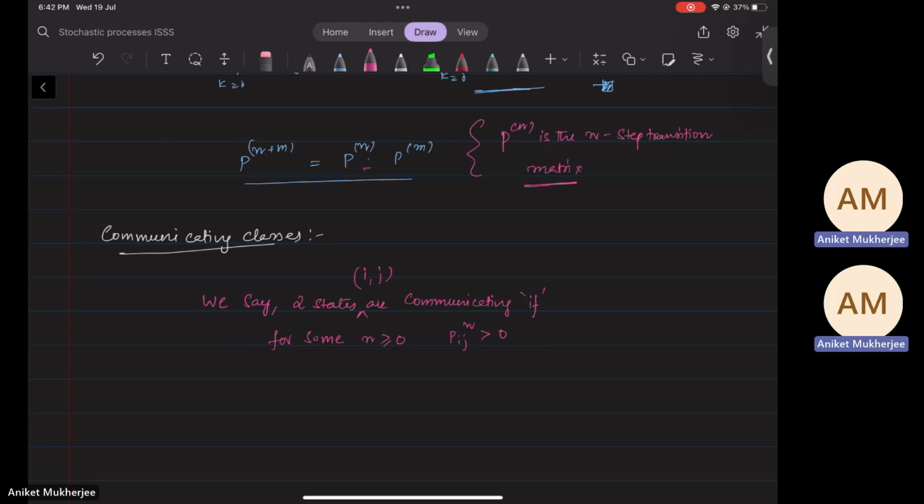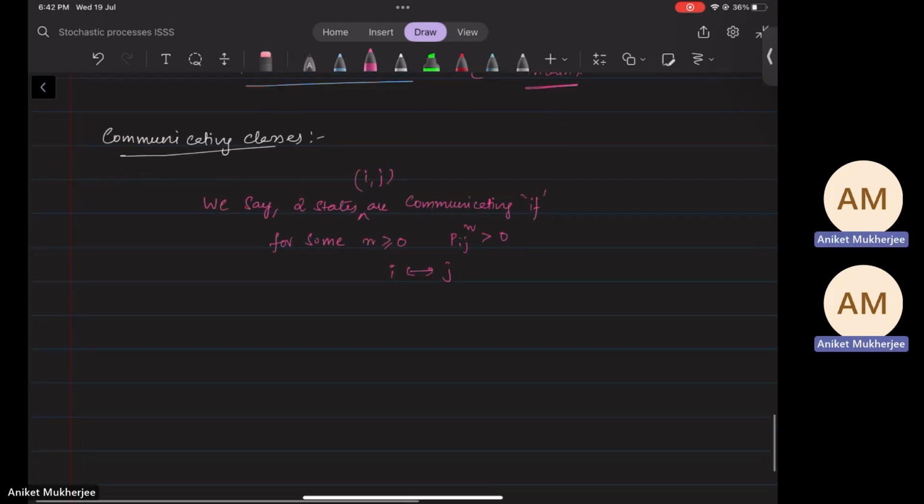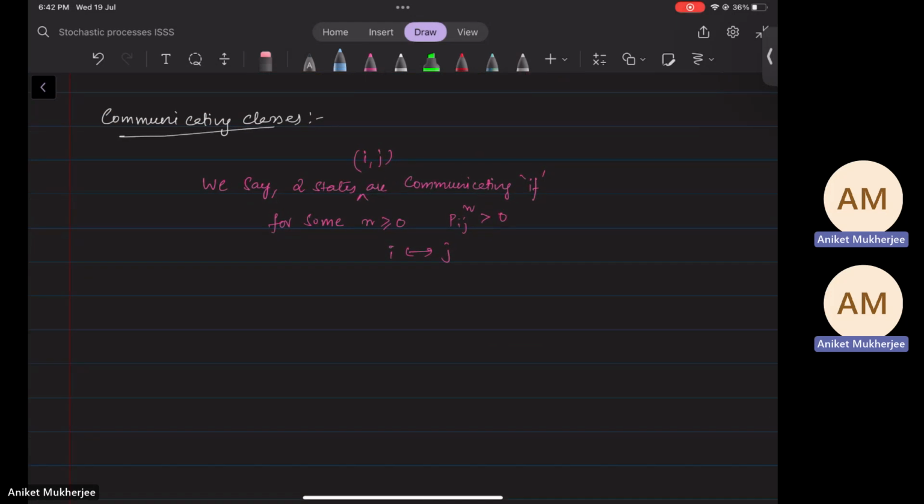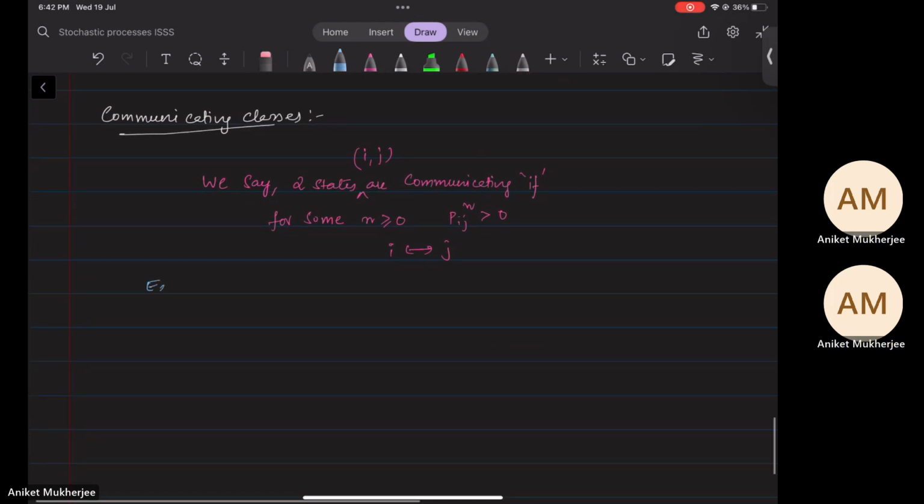So what this means is, if you're at state i, there is a positive probability of you reaching j from i in n steps for any n. That n could be any n, how large ever it may be, how small it may be. Then we say that i and j communicate with each other, and we denote it as i communicates with j. Now, I'll come to a subtopic which is known as equivalence relation.